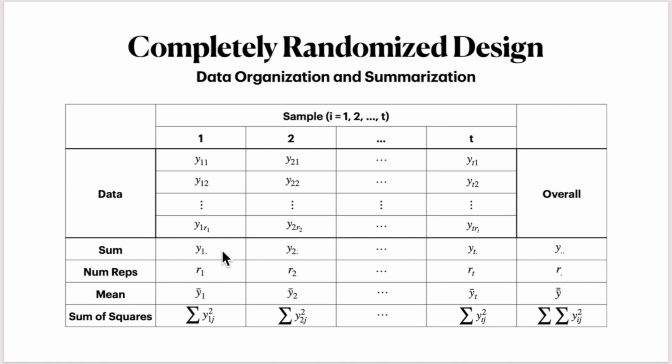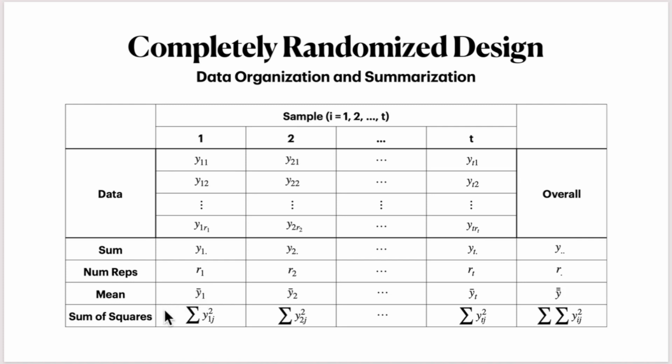I've listed 4. We said that we were going to need the treatment sum for each of the treatment groups, and so I've got that first. We also need to know the number of replications, and so I've got that listed second here. Once we have those, it's very easy to calculate the mean. All we have to do is divide the sum by the number of reps, and that gives us this quantity here. And then we will also need the uncorrected sum of squares of the observations within that column of data for that sample.